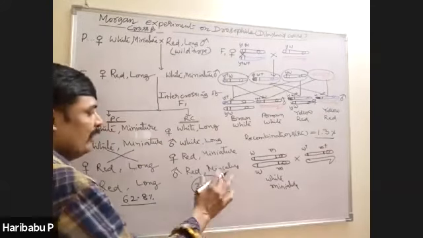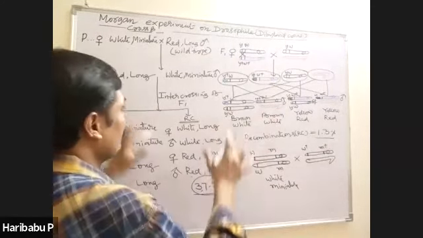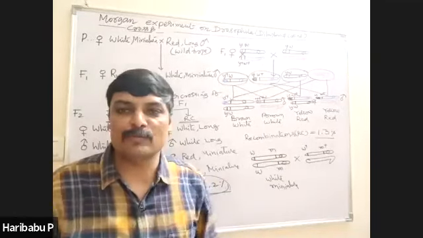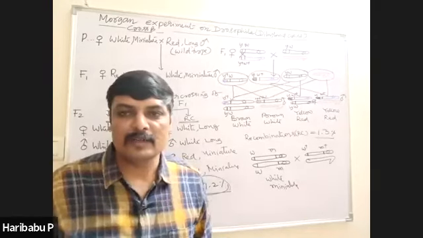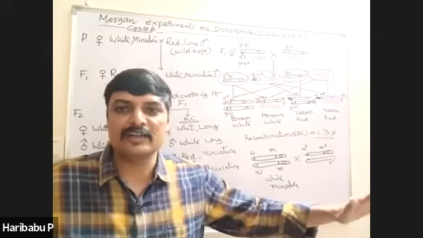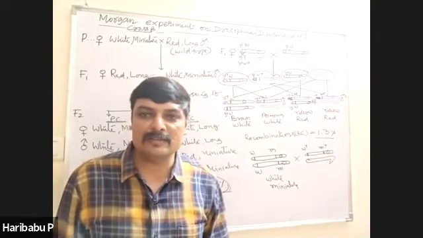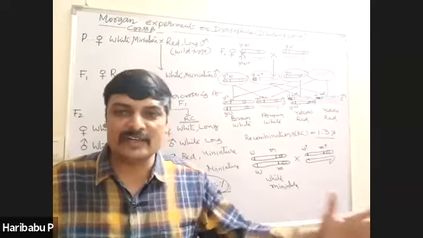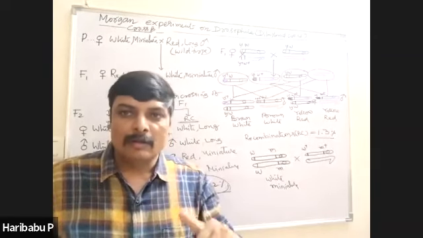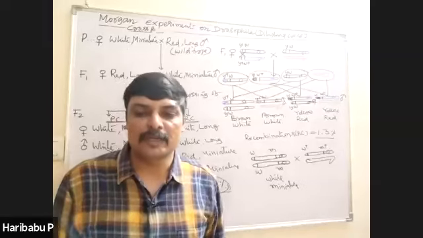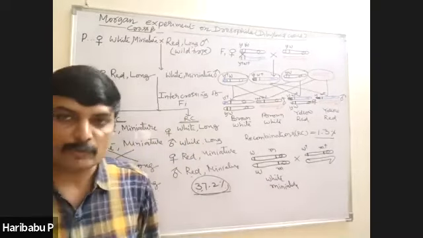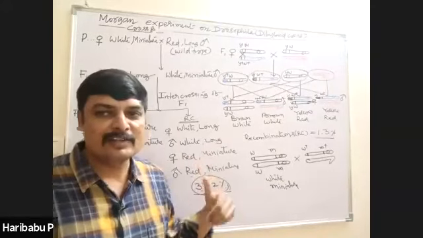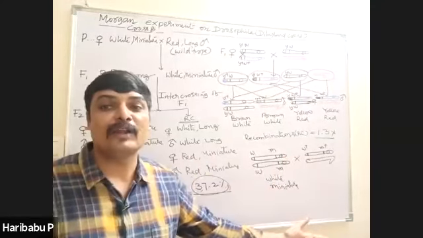Right. So based on these experiments, what did Morgan conclude? Genes are present on the same chromosome. Several genes are present. Some genes are closely placed, some genes are distantly placed. If genes are closely placed, more parental combinations and fewer recombinations. If genes are distantly placed, more recombinations are produced. So the first cross deviates from Mendel's, and the second cross is almost similar to Mendel's cross.